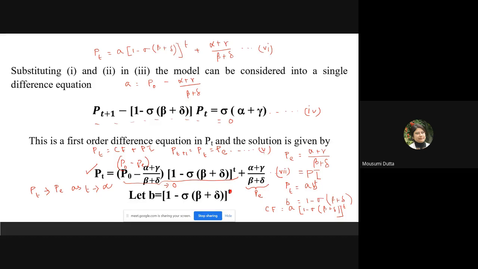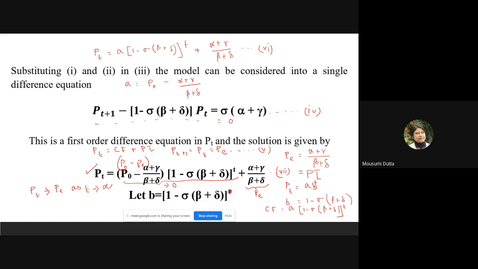The difference is a constant. Hence, if we want this first term to move towards 0, this entire term, that is B, should move towards 0.